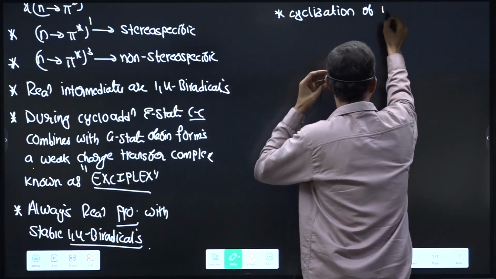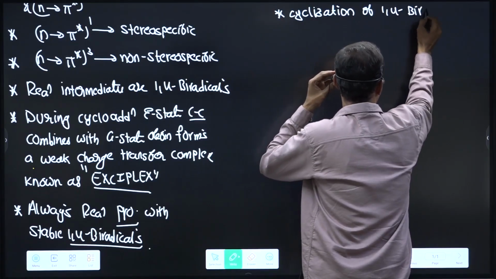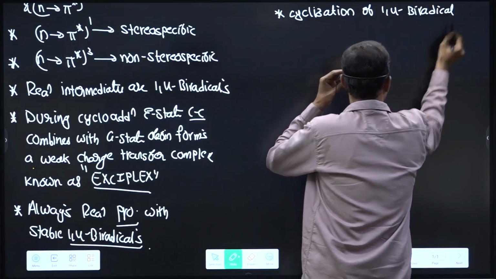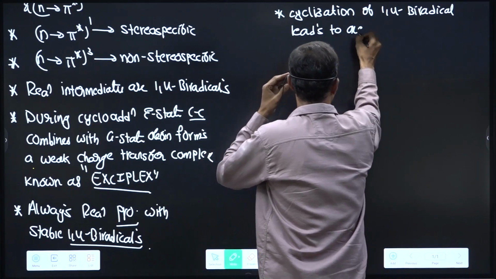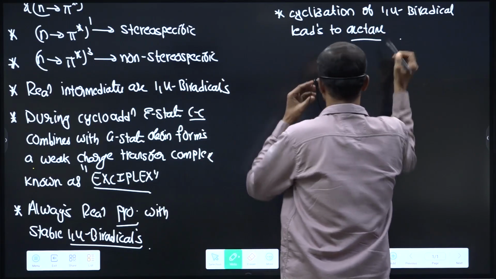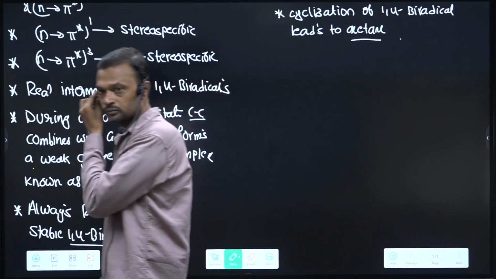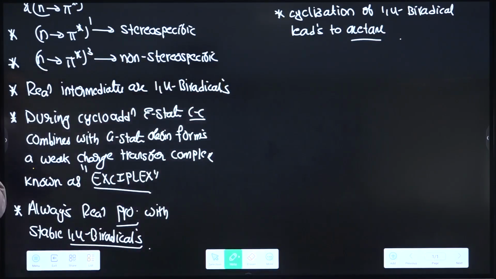Cyclization of the 1,4 biradical leads to oxetane formation. You try to develop it in such a way that you will get a stable 1,4 biradical.